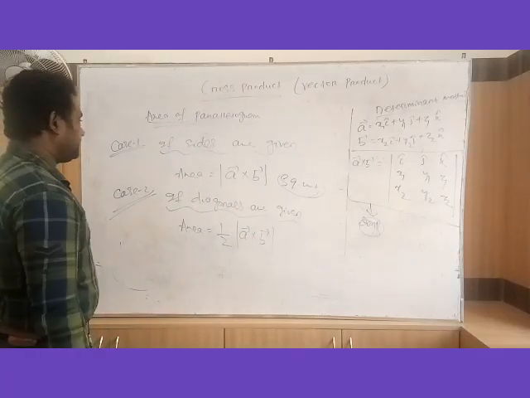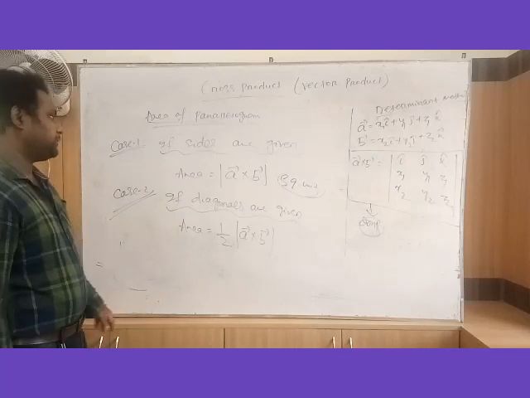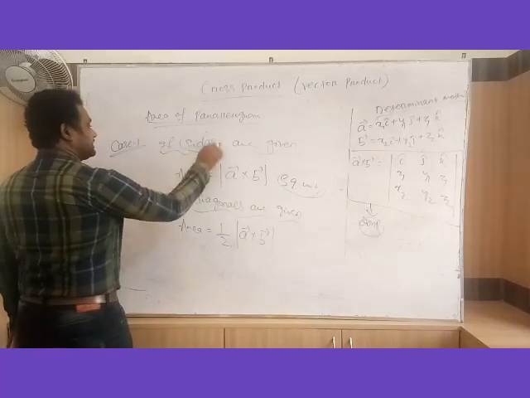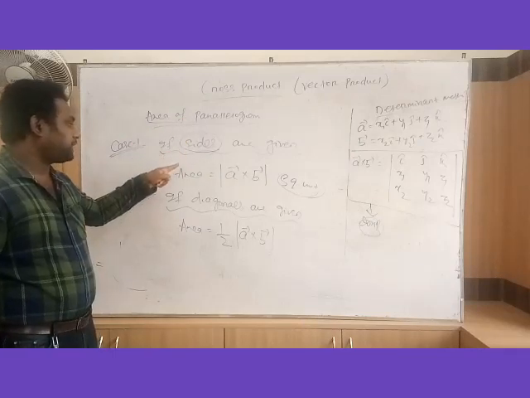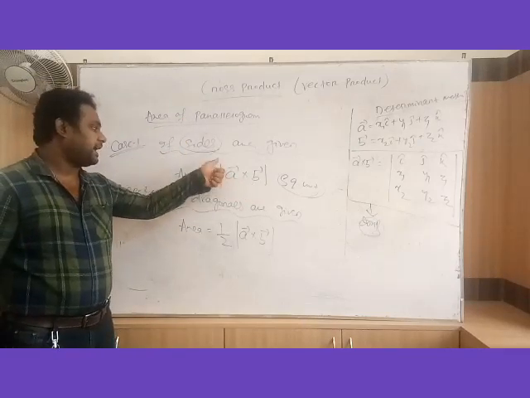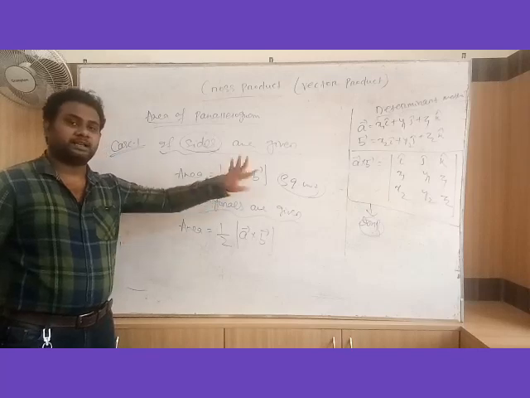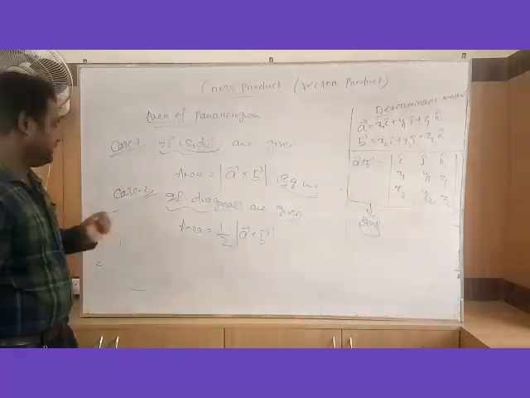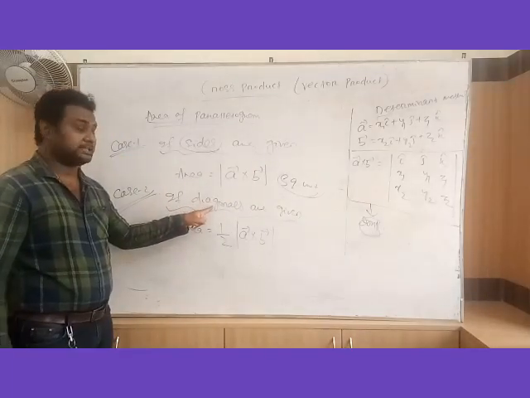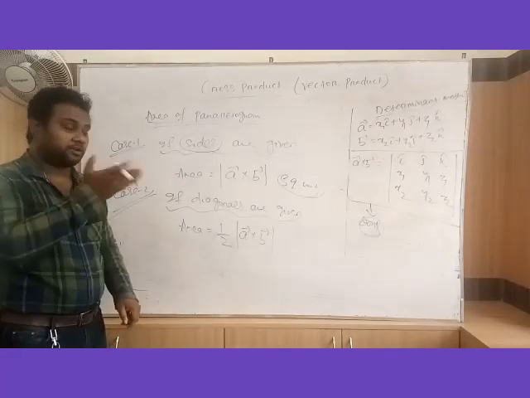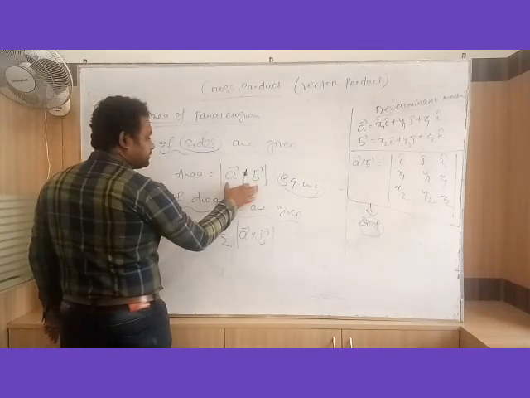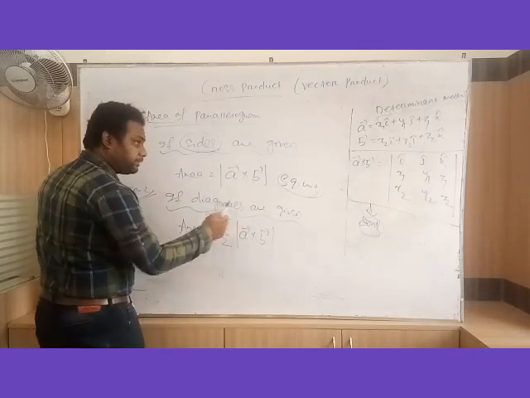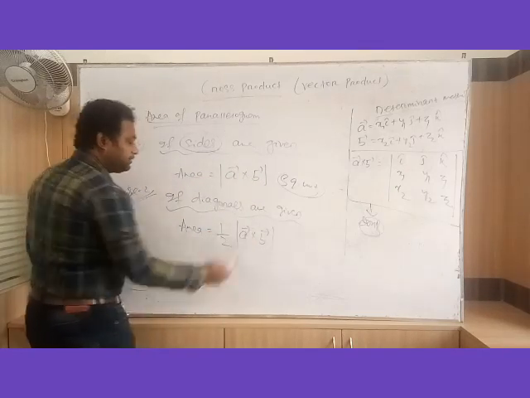So see the difference between the two formulas. If you are given the sides of a parallelogram, you only have to find A cross B and then its magnitude, and that is the answer. If you are given the diagonals, you have to find the A cross B magnitude, then apply the formula half of A cross B magnitude.